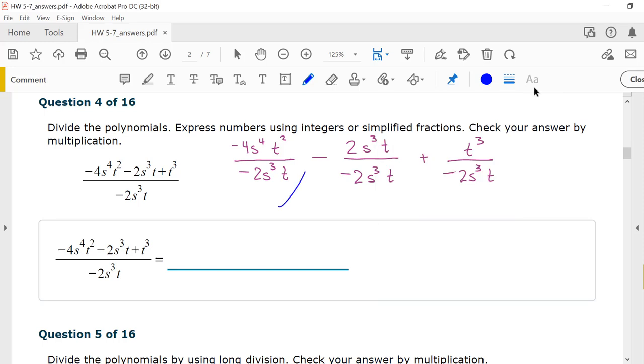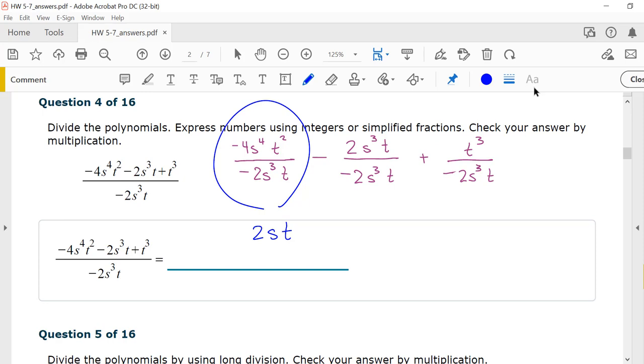All right, for the first term, negative 4 divided by negative 2 is just 2. S to the 4 over s to the 3. 4 minus 3 is 1, but we don't have to write the 1. T squared over t, 2 minus 1 is 1, but we don't have to write the 1.